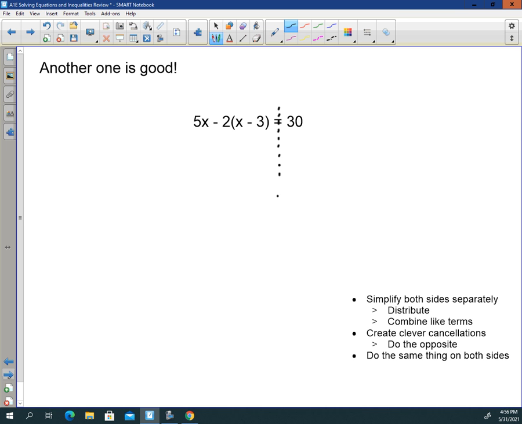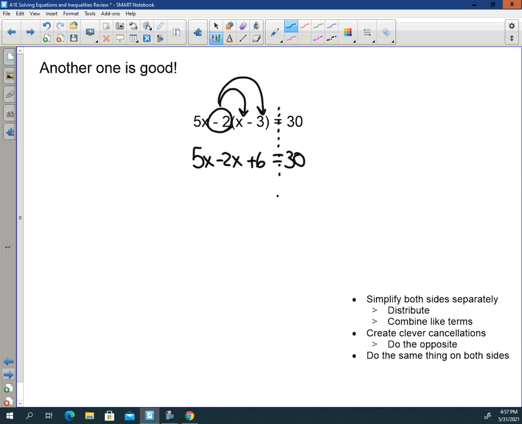This 5x, we can't really do anything with it yet, so I'm just going to bring it down. Now also notice that this isn't just a 2 in front of those parentheses, it's a negative 2. And so we're going to multiply negative 2 times x to get negative 2x, and negative 2 times negative 3 for positive 6 equals 30.